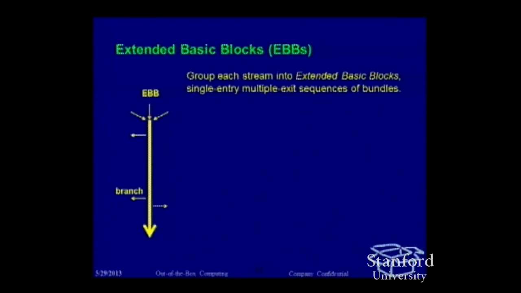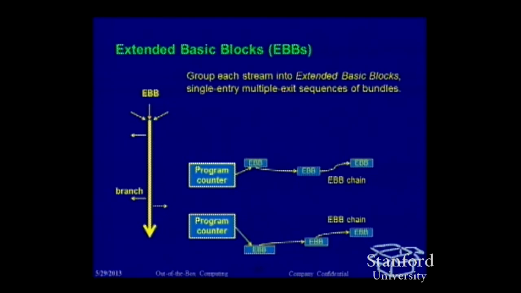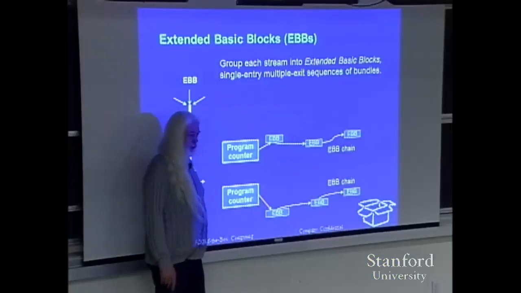To explain that, I need to back off a little bit and introduce a term that most of you will be familiar with, the extended basic block. These are sometimes called superblocks. This is a sequence of code which has a single entry point called the head and may have multiple exit points where it goes to someplace else. We are unusual in that we permit embedded calls inside an EBB, but that's not relevant to today's talk. So your 2 program counters are actually describing not so much a stream of instructions as a sequence of EBBs.